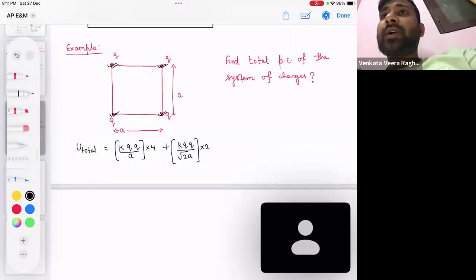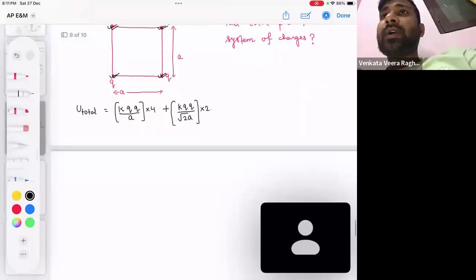Here, if you see this example, it was a square given. Instead of a square, this time I am going to give you charges at the corners of a cube.